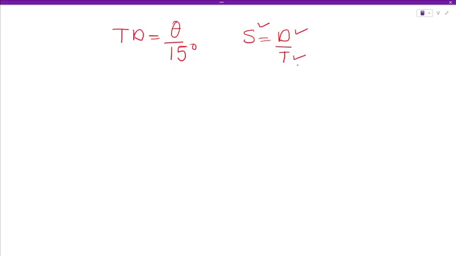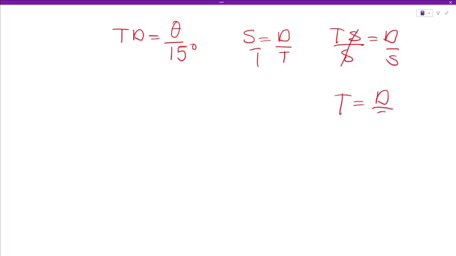Just like we used the same formula yesterday to find the area of the sector, the theta, and the radius, there is no need for you to say, since I'm now finding time, I need to make time the subject of the formula. If I cross multiply, it will give me TS is equal to distance, then I divide both sides by S, the S is cancelled, meaning the formula for finding time is distance over speed.